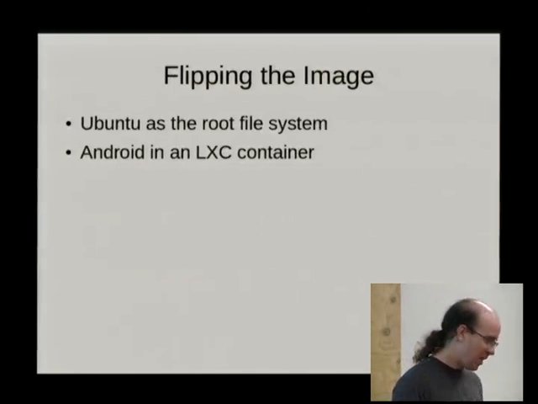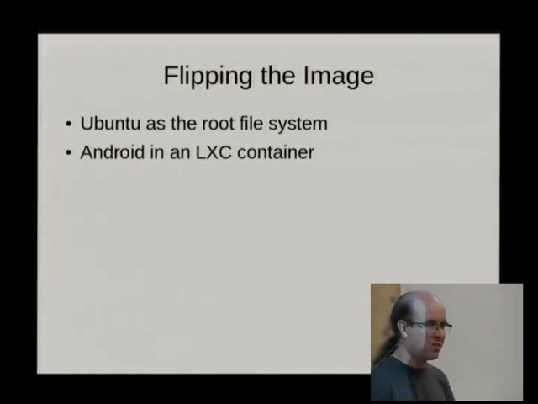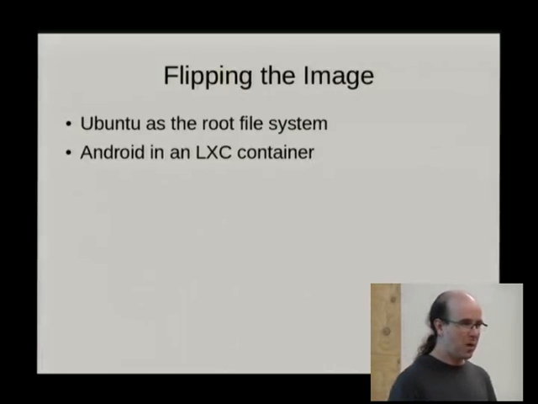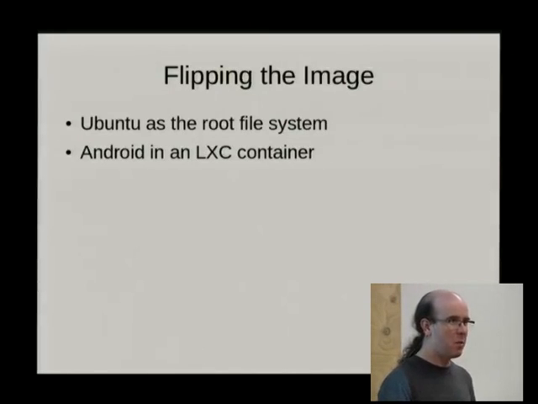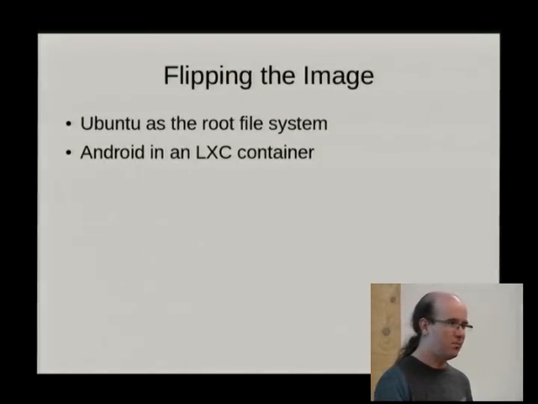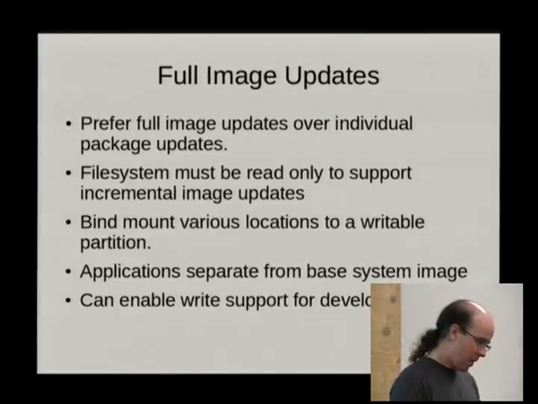So we flipped things around after this, so that in the current images, when you boot up from the kernel, the main root file system you boot into is Ubuntu now, and we've got Android in an LXC container. Again, it's pretty much the same components which were running in the main Android root file system, but now it's subordinate to the Ubuntu stuff.